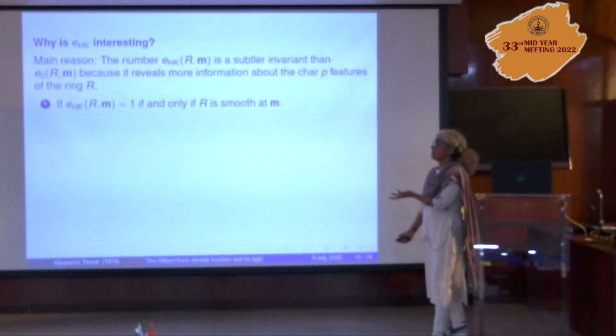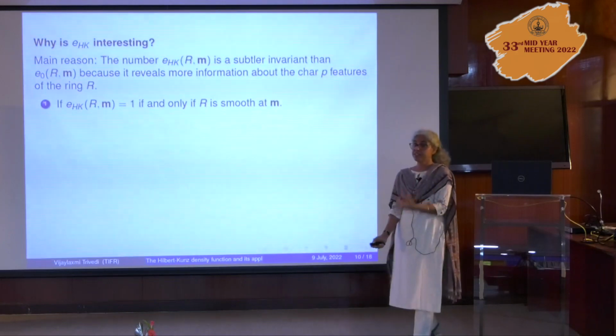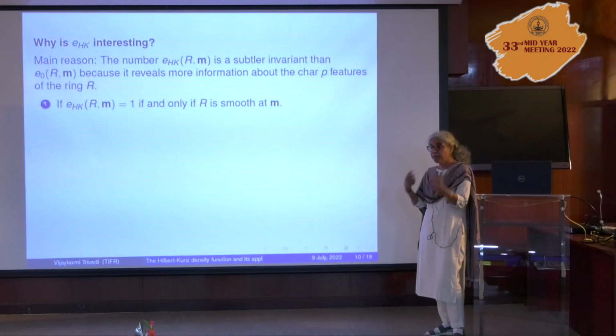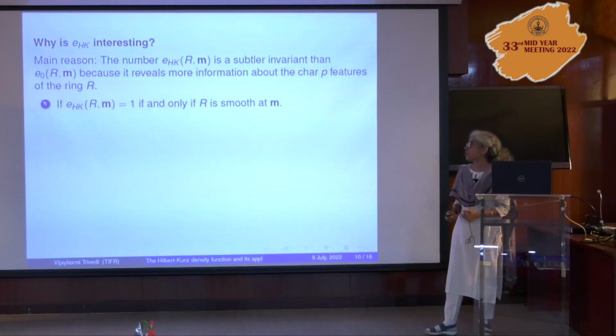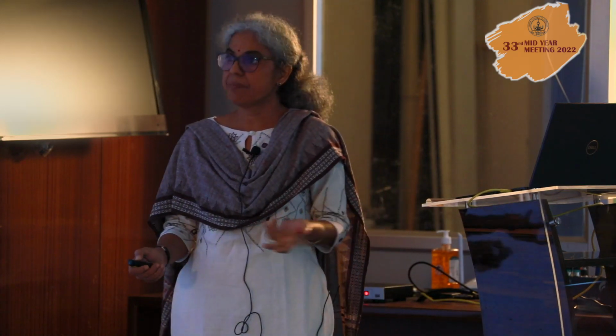So why is it interesting first of all? This is a subtler invariant, it involves the characteristic of the ring, and that means it tells me about the characteristic p singularity of the ring; it will carry that information. So first thing first, e_HK(R) is greater than or equal to 1, but if it is the least, like the usual multiplicity, then R is smooth, same thing.